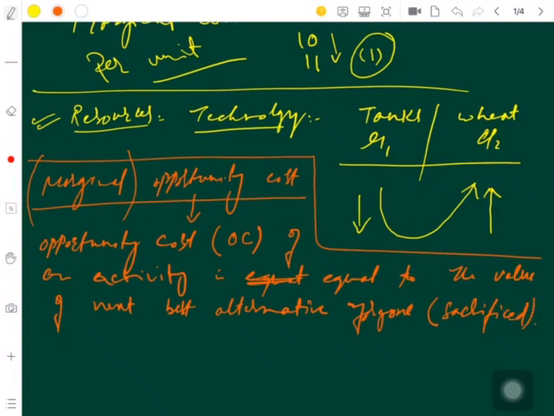How we can understand this definition is very simple. Suppose I have got rupees 20,000 which I can invest either in agriculture or in some production unit. I won't write production, I'll write manufacturing.